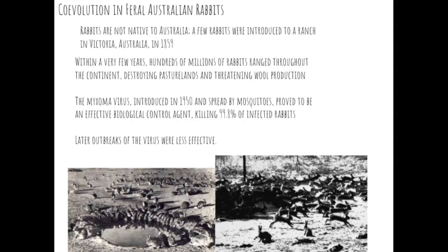And within a few years, there were hundreds of millions of rabbits that were all over the continent of Australia. And they destroyed pasture lands, and they were threatening wool production because there were so many that they were competing with sheep for access to grass. And so they were eventually hurting the economy of Australia.